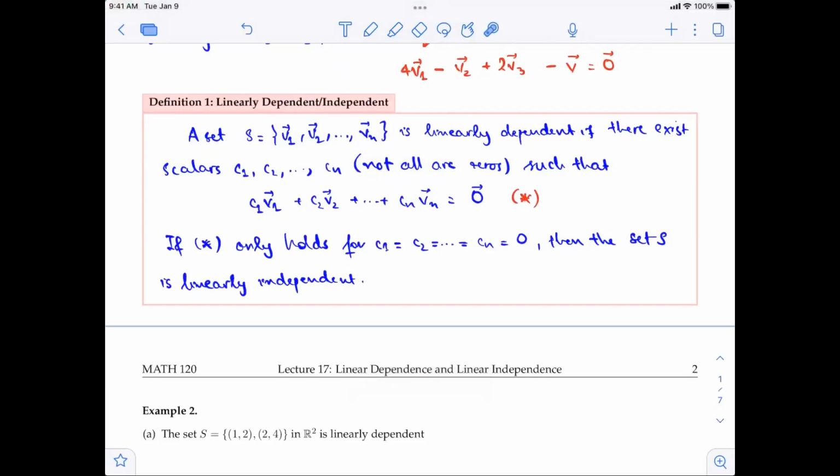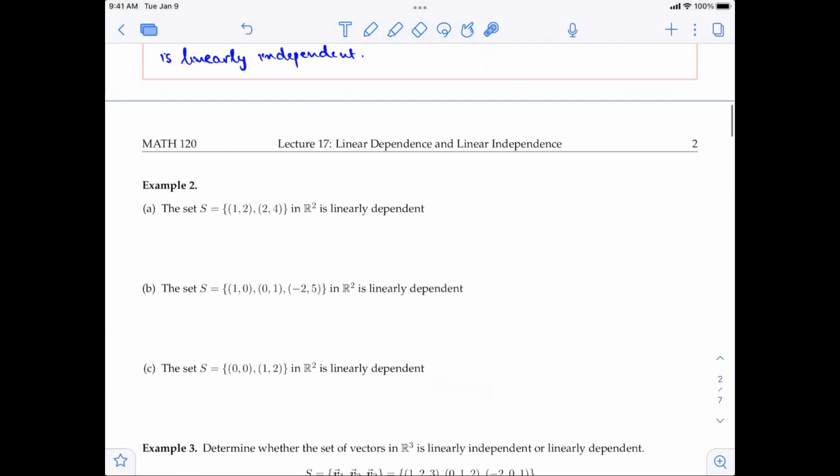So moving on to some examples. I have the set of (1, 2) and (2, 4), two vectors in R2, and they are linearly dependent. As you can see by looking at the two vectors, vector v2 is actually twice vector v1, or vector v1 is half of vector v2.